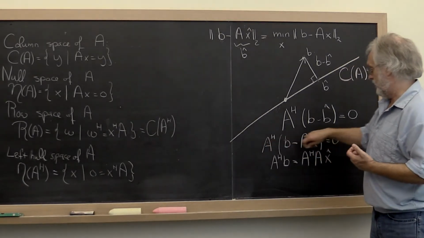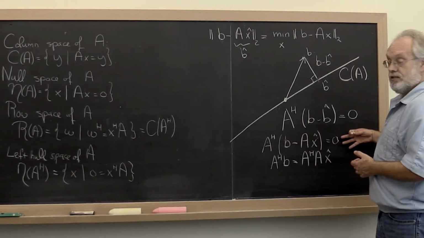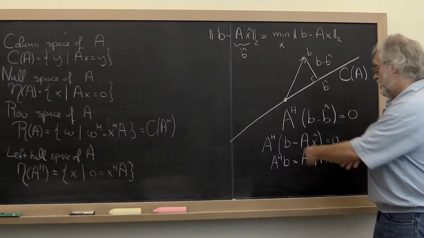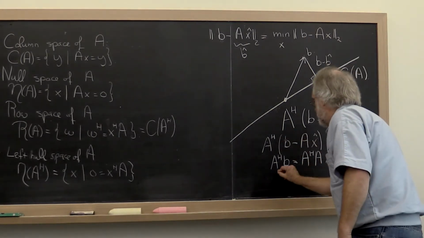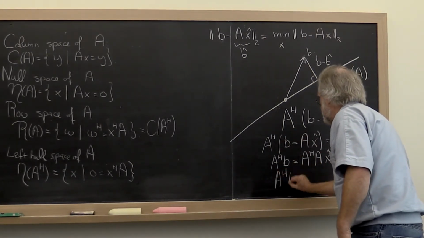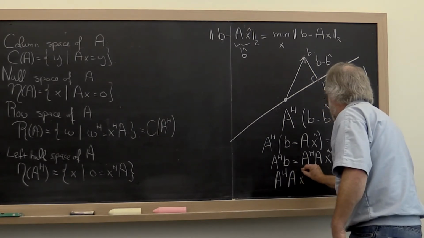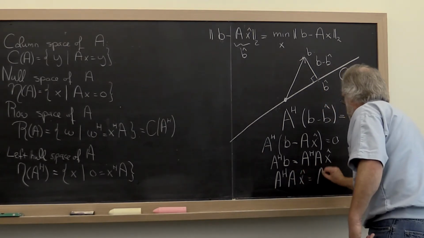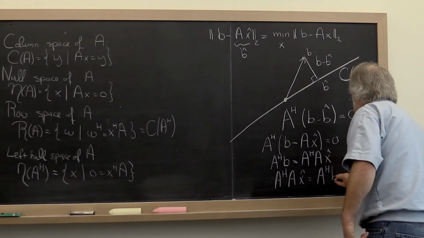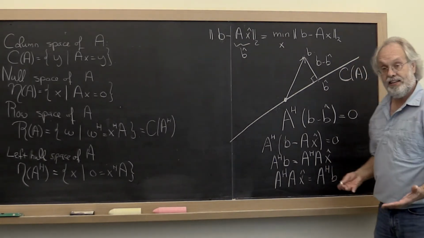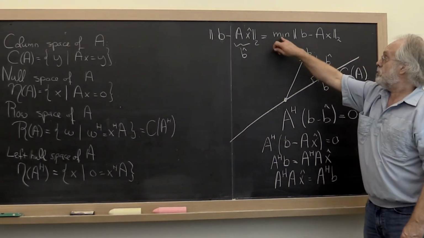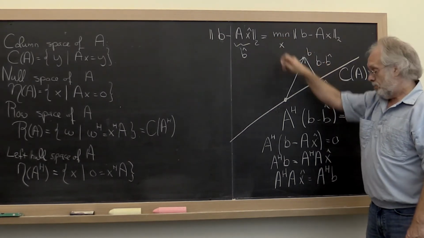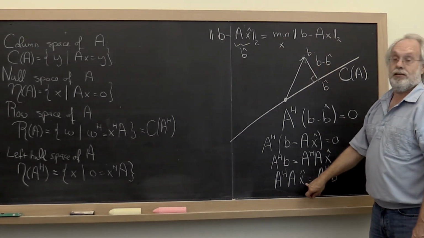That's distributing this and then bringing this to the other side. And then we can switch the order of this, and you find that A Hermitian A times x hat must be equal to A Hermitian b. So what we find is that the vector that minimizes this must satisfy this linear equation.